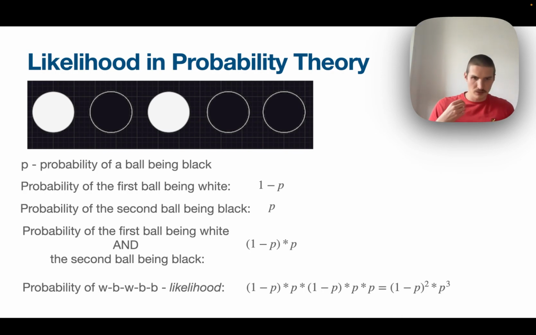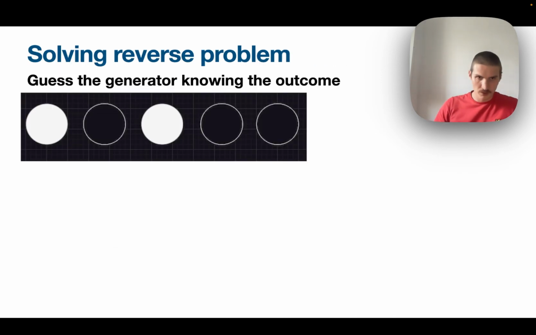Now we are going to try to solve the reverse problem. So let's say that we are in the real world, we see the actual 5 balls with their colors, and we try to guess what the generator was. So we try to give our best estimate for the probability P. We have no way of saying that exactly because there's always a chance that this particular picture can be generated with anything, basically.